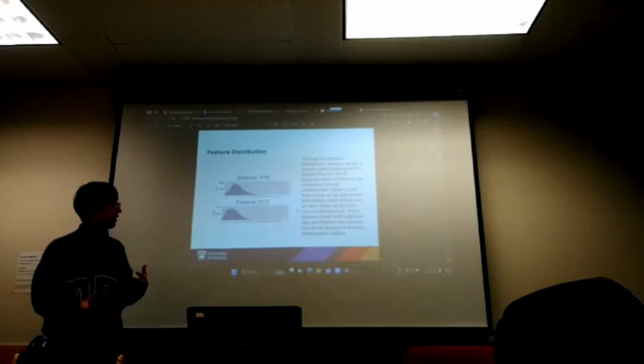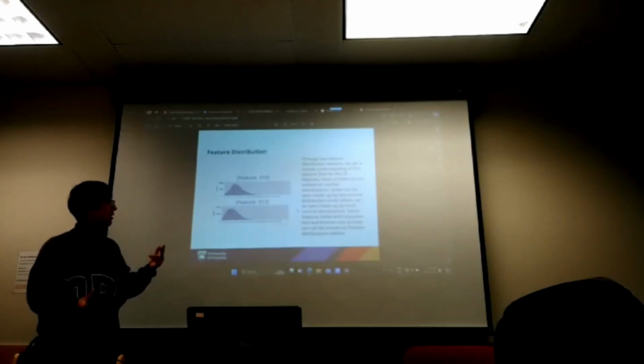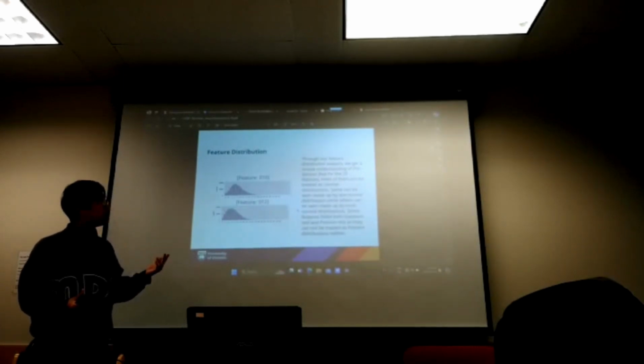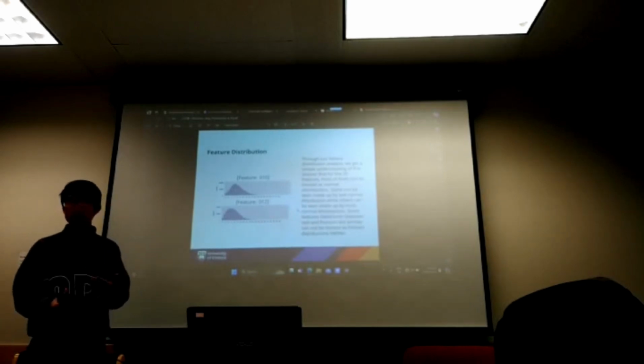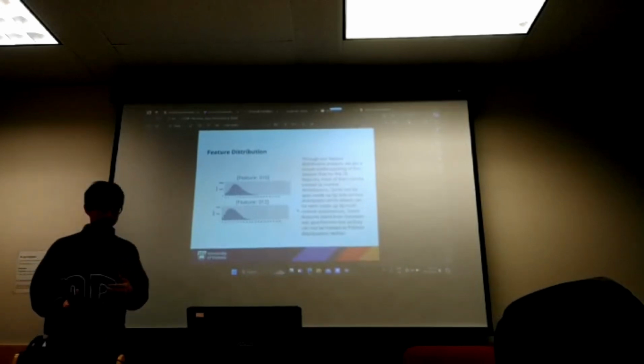And the result is most of the features are normal distributions, but no feature is a Gaussian distribution. So now we have a basic understanding of this dataset.